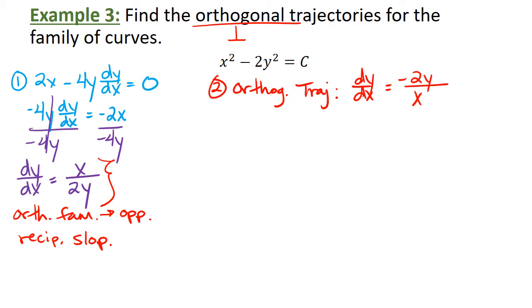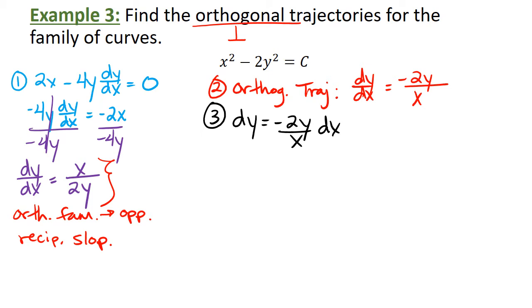Now I'm going to find the orthogonal family by separating the variables and integrating, just like we did in the previous examples. So when I do that, I'm just going to separate these guys, and I'm going to move the x's onto one side. So I'll end up with dy is equal to negative 2y over x dx.